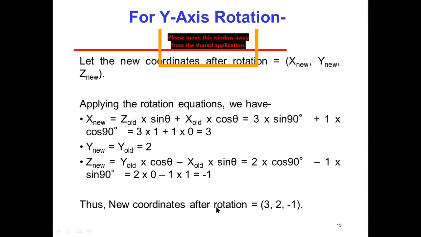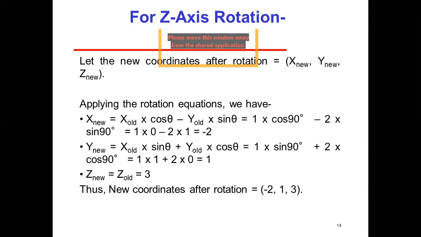In a similar way, using the z-axis rotation, you can calculate the new points. Again you calculate x new, y new, z new. Because you are rotating your object about the z-axis, z new and z old will remain the same. The z coordinate will never change. Now you can calculate x new and y new using the equations.